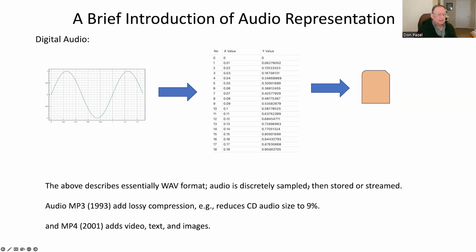So audio is a discrete sample of recording of a performance. And over time, it's been changed a little bit, in the sense that you got some compression algorithms, and it turned from WAV files to MP3 files, and then to MP4, which is basically MP3 with video, text, and images added to it.